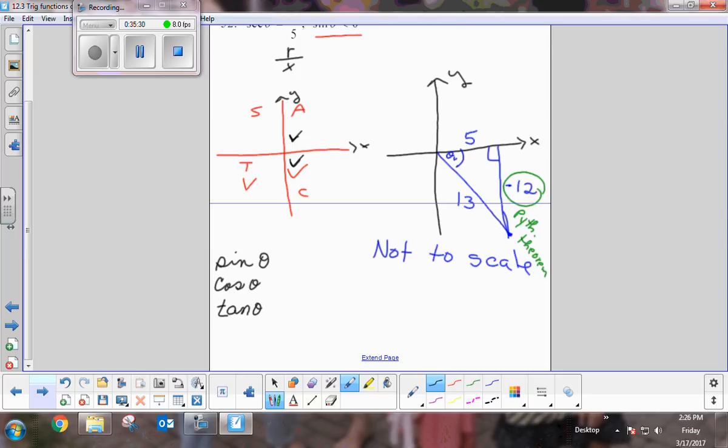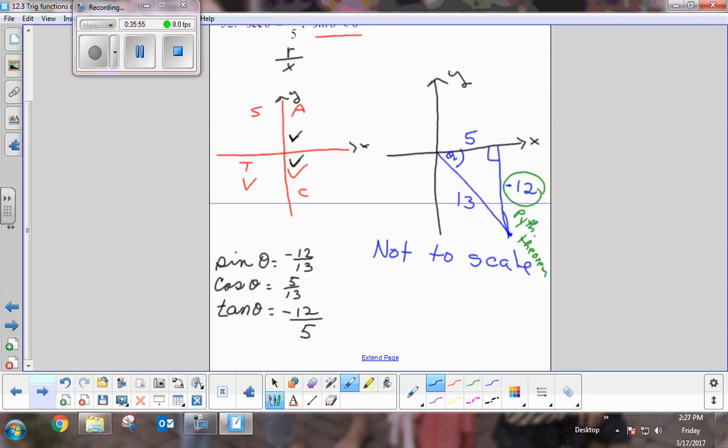If you have a triangle, again, you could use SOHCAHTOA or the x, y, and r ratios. So the sine for that angle is opposite over hypotenuse. The cosine is adjacent over hypotenuse. And the tangent is opposite over adjacent.